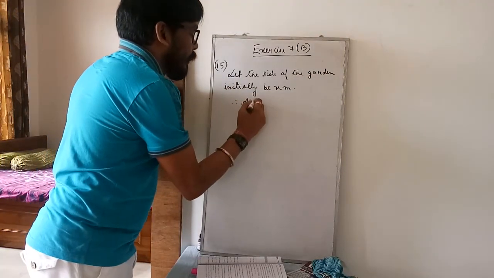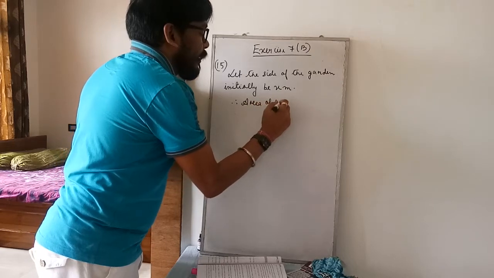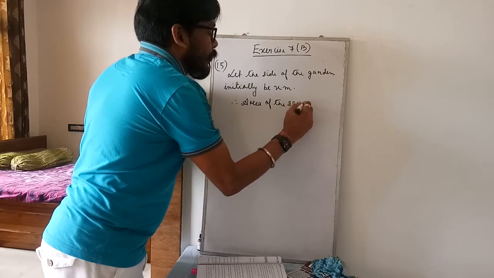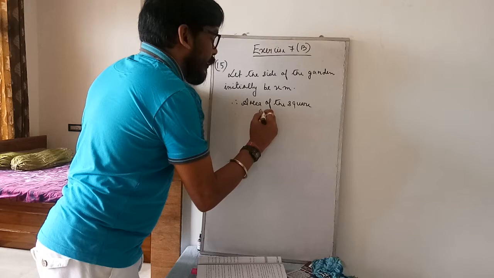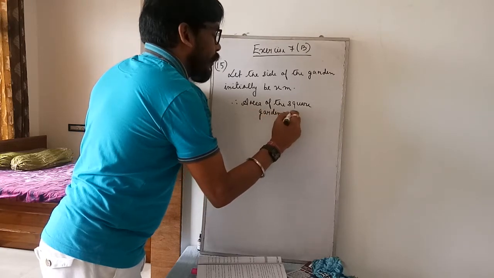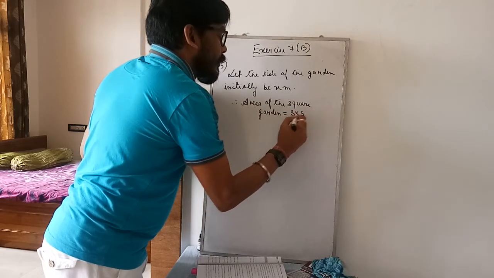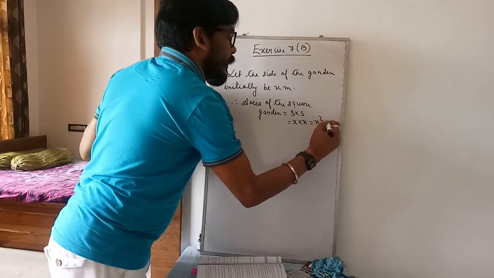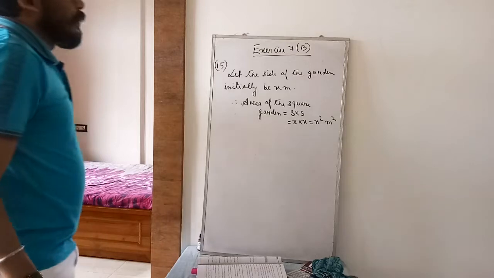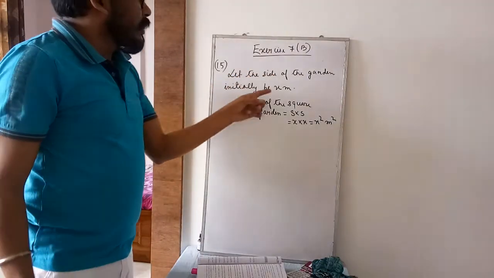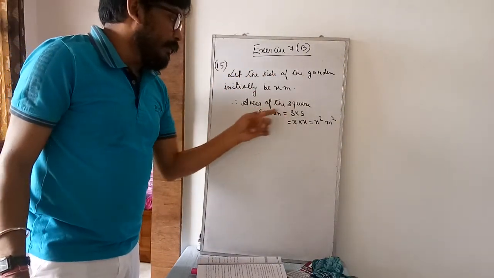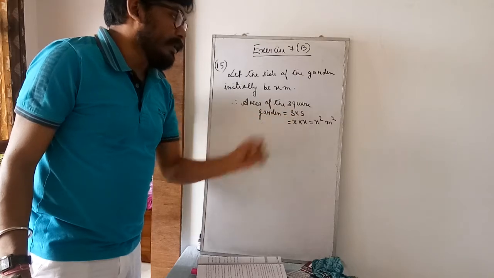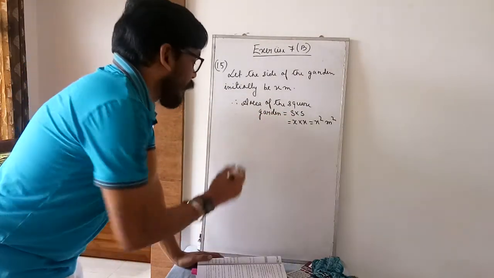Therefore area equals area of the square, I am writing here. Area of the square garden, I am mentioning the shape, equals side into side, so it is x into x, equal to x square meter square.